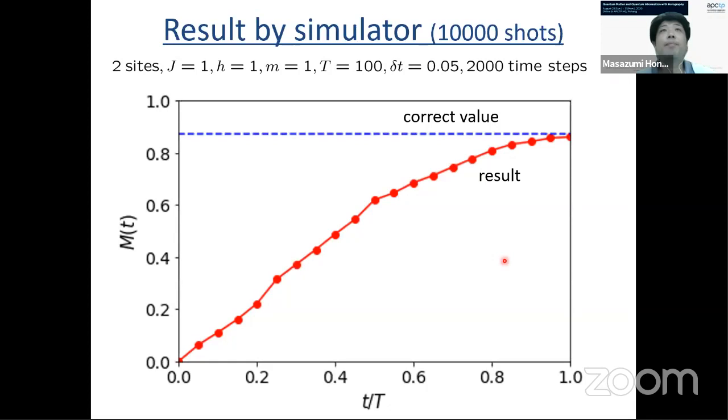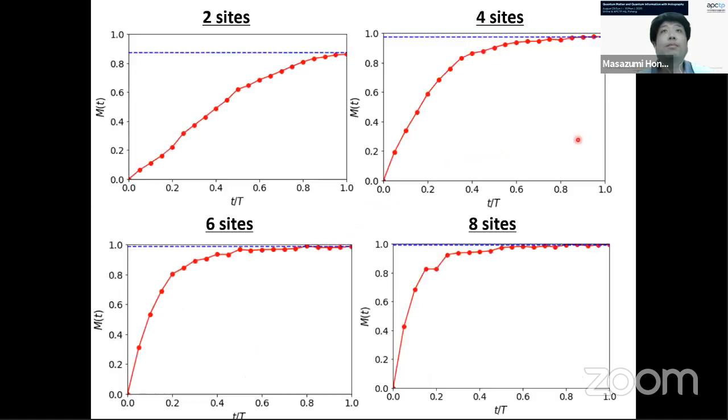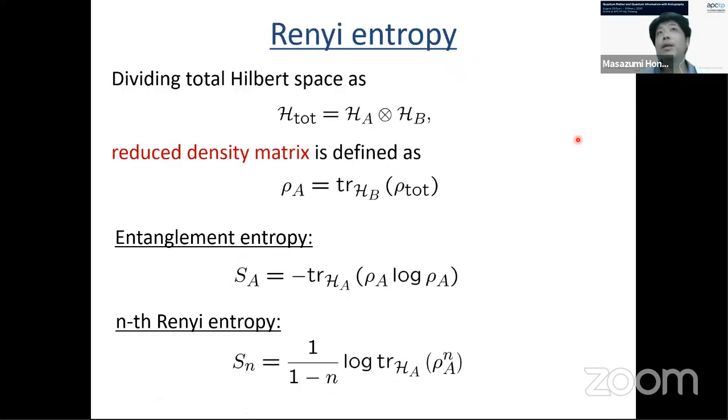This is a comparison between exact diagonalization and adiabatic state preparation. As we go to the final time, we get the correct answer. This is a result for another volume.